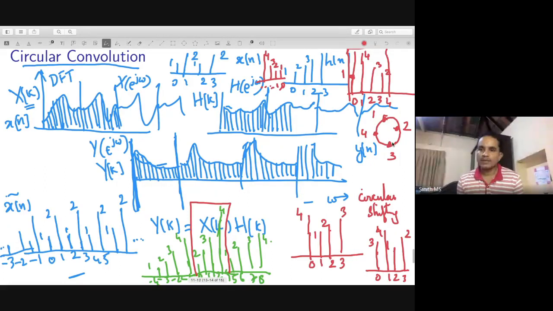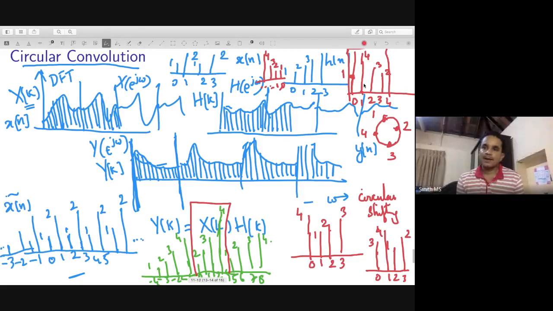So this is basically the time reversal. This happened all because you are considering only the window from 0 to 4, and there are signals outside the 0 to 4 range. That is what is influencing these changes.